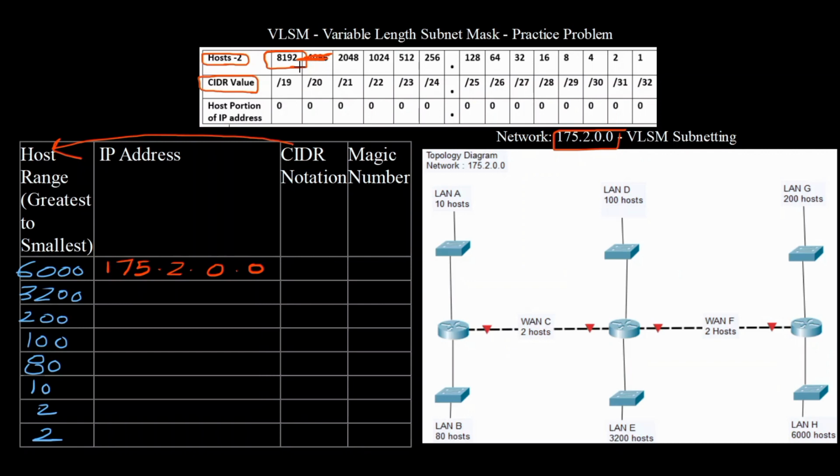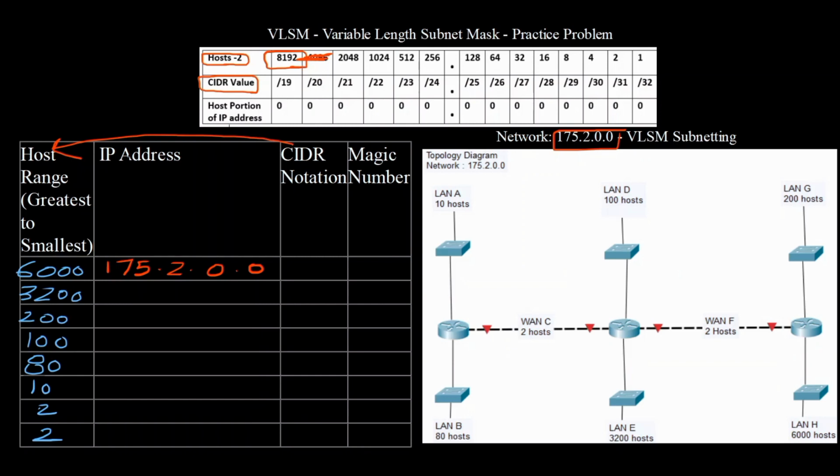We're looking for 6000 hosts, but the one that's available has 8190 usable hosts. This is why VLSM counts: it's going to minimize the waste of the available hosts.